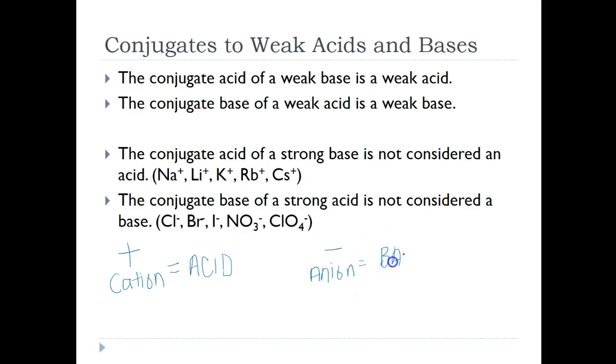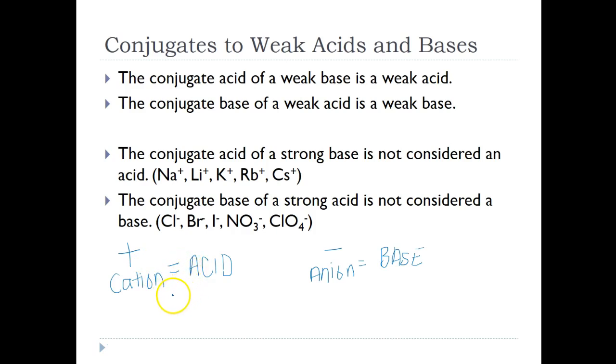Anions, negative charges, could always accept a proton. They've got a negative charge, a spot for an H plus to show up. The cation, any positive charge, following the Bronsted-Lowry definition, if it contains a hydrogen, it could donate it, or if it doesn't, the Lewis definition of an acid is something that can accept electrons. If it's got a positive charge, it could always accept at least one electron to make it neutral.